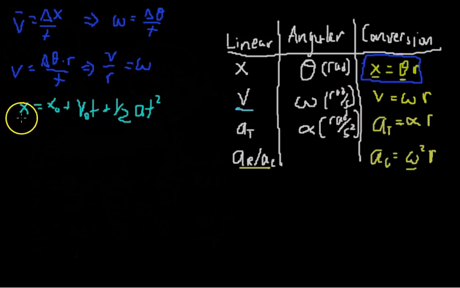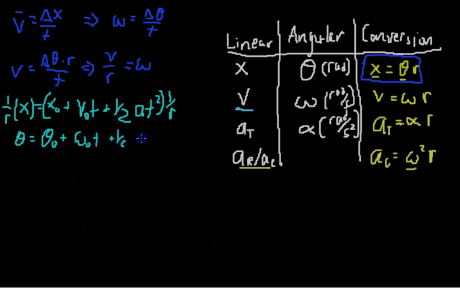So if I just go through here and multiply each side by 1 over r, which I'm allowed to do because I can multiply by 1 as much as I like, I then have to distribute this 1 over r to each term, and so what that ends up giving me is theta equals theta naught plus omega naught times time plus 1/2 alpha t squared.